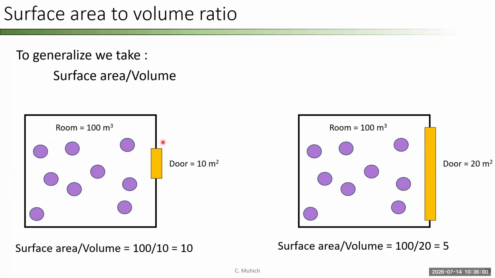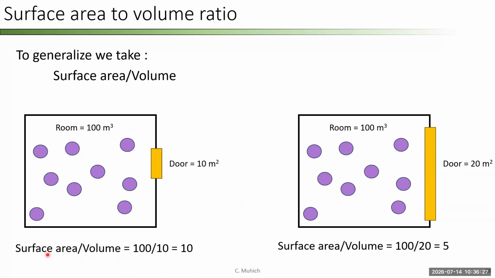We want to generalize this to any sizes, and we do this by having a surface area to volume ratio. So what's the area through which things can leave divided by how much stuff there is to leave, right? And so if I look at this room on the right, it has a surface area to volume ratio of 10 versus, I'm sorry, this should be backward.